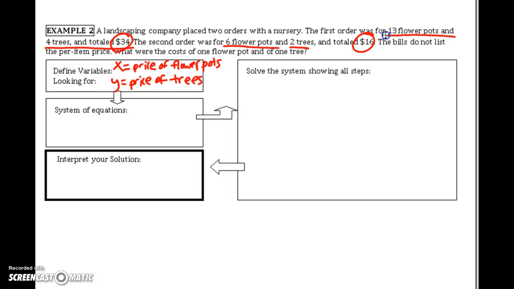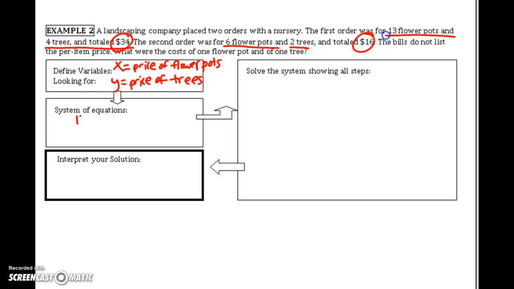So in the previous example, one problem dealt with the total overall cost, or dollars, and the other one dealt with just the total number of tickets together. In this one, I'm given the total number of pots and trees for each one, but I have 2 different orders. So each of these equations is going to deal with the total price.